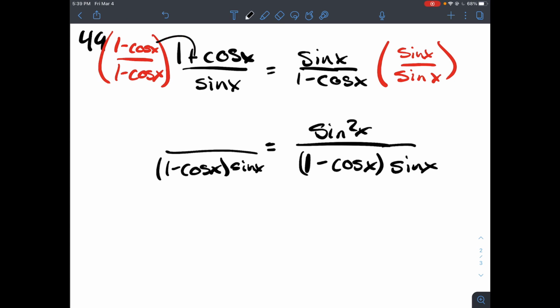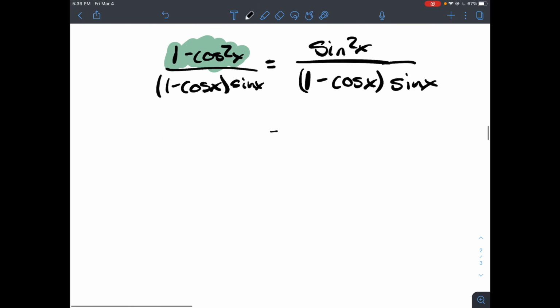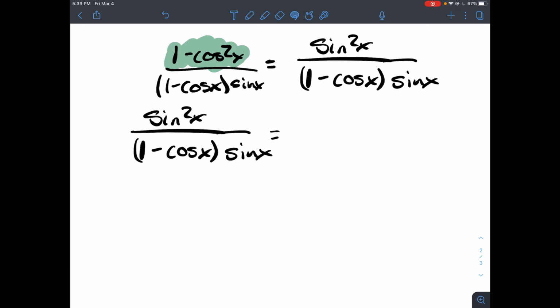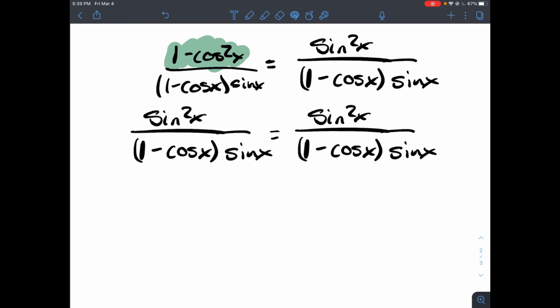And then this right here is the difference of squares. So we're going to get 1 minus cosine squared of x, which is our Pythagorean trig identity, which will equal sine squared of x. And because I'm lazy and through the power of magic, we get that.